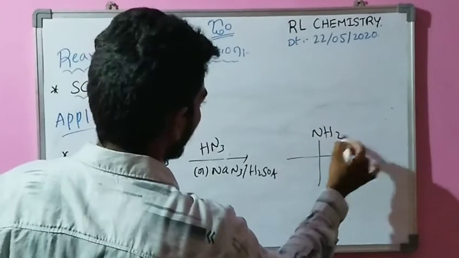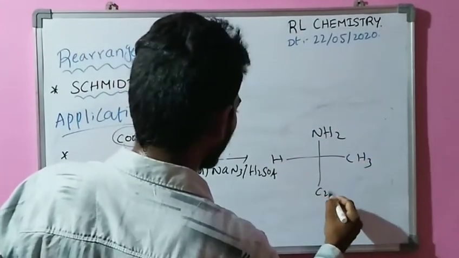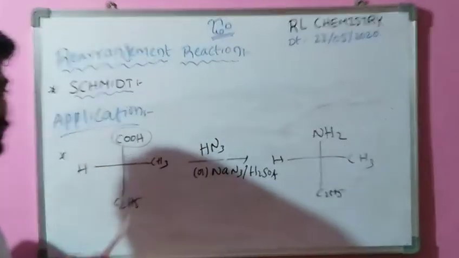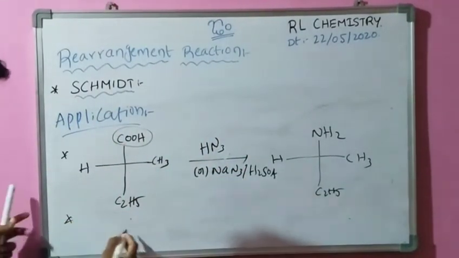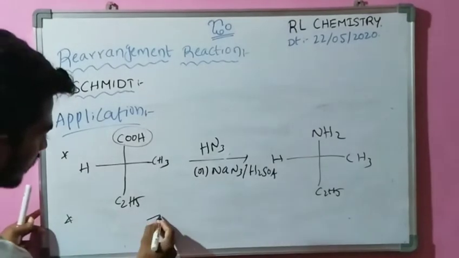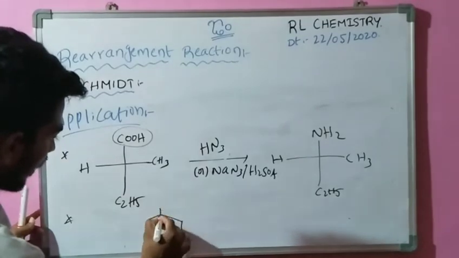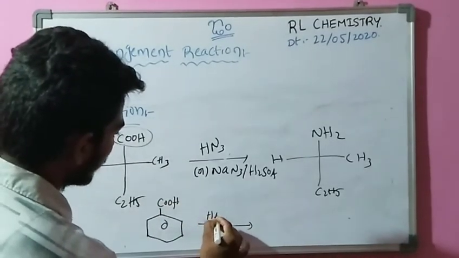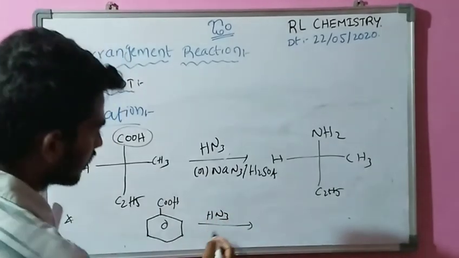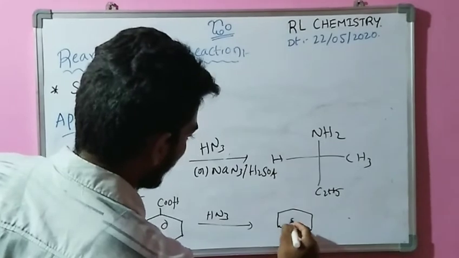Acid is converted into the amine. This is one of the examples or applications of the Schmidt rearrangement reaction. Another application is benzene attached to a carboxylic acid group, with hydrazoic acid, it forms an amine group, that is aniline.